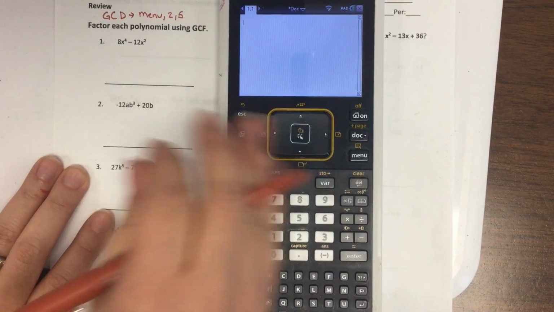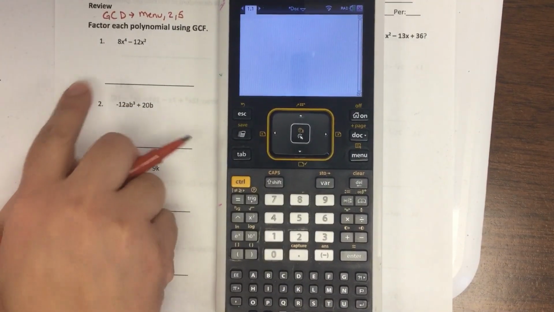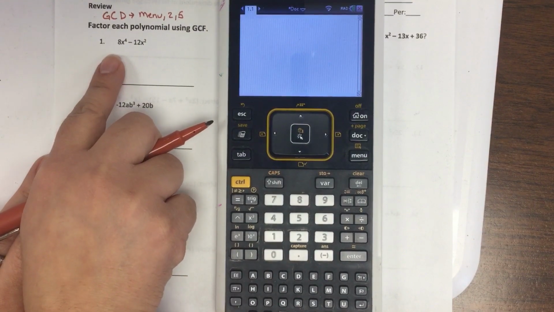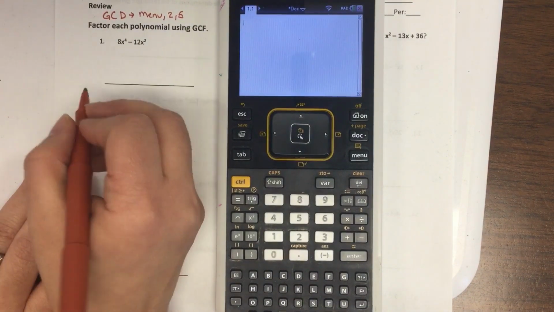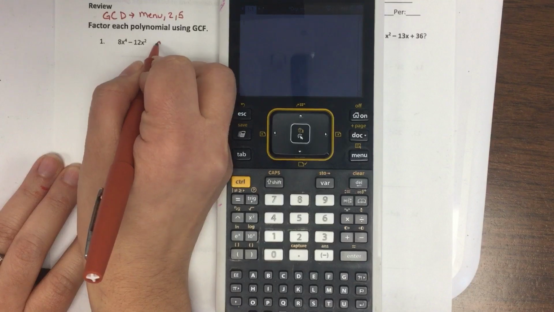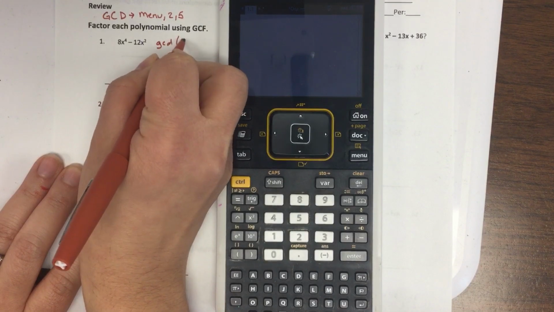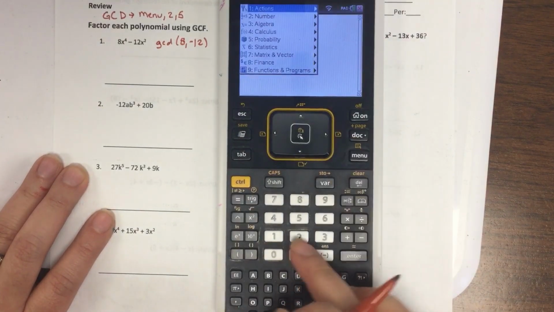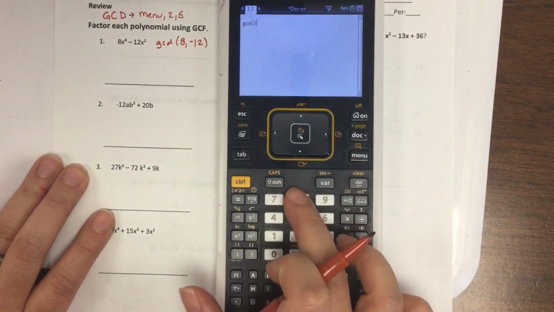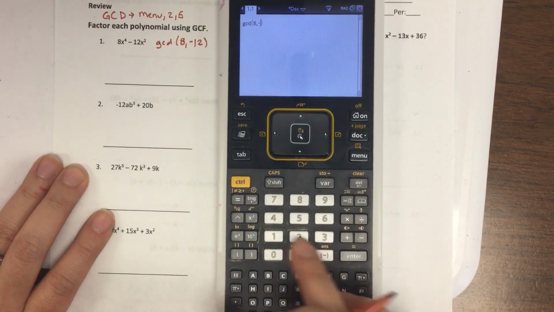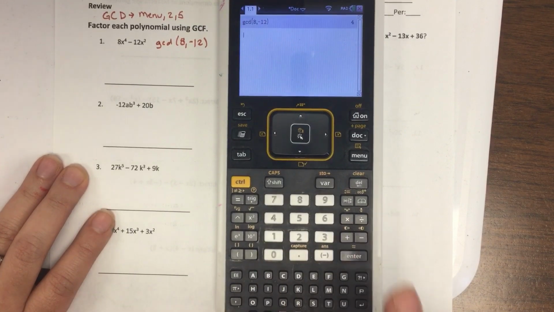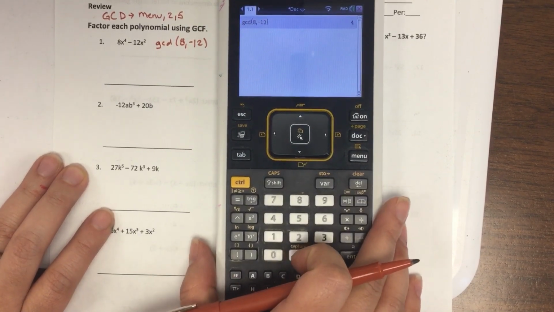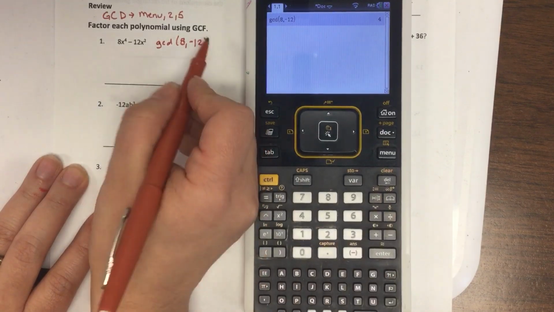So here, my GCD or GCF of 8 and 12, so in my calculator, it's going to be the GCD of 8 and negative 12. So I'm going to do menu 2, 5, 8, comma, negative 12. Enter. It gives me my answer of 4.